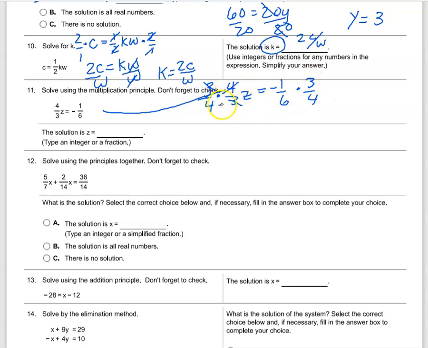These are going to cancel with each other because they turn into 1. Three will go into 3 one time, and it'll go into 6 2 times. So on this side, we're going to end up with negative 1 over 8.